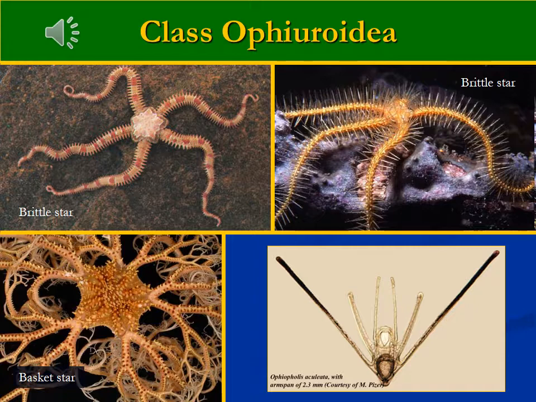But the tube feet here aren't used in locomotion. The tube feet here are used in gas exchange and in feeding. One of the other differences between Ophiuroidea and Asteroidea is that there are no Bipinnaria and Brachiolaria larvae in Ophiuroidea. They have a larval type referred to as the Ophioplutus larva, and that's the lower right-hand image here.